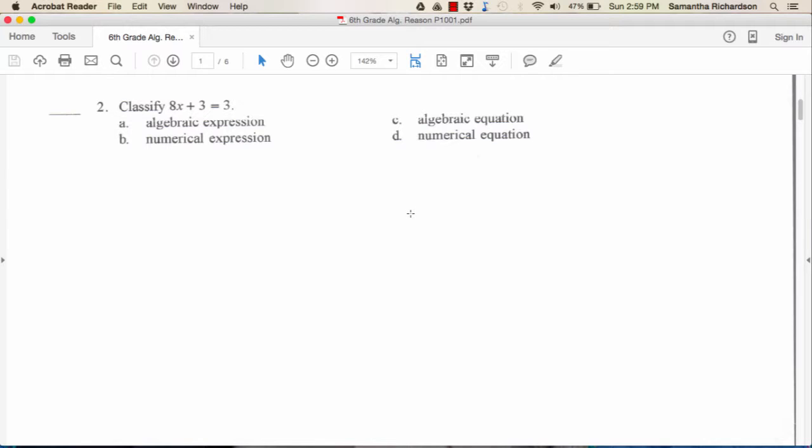Question 2. Classify 8x plus 3 equals 3. Is that A, an algebraic expression, B, a numerical expression, C, an algebraic equation, D, a numerical equation?